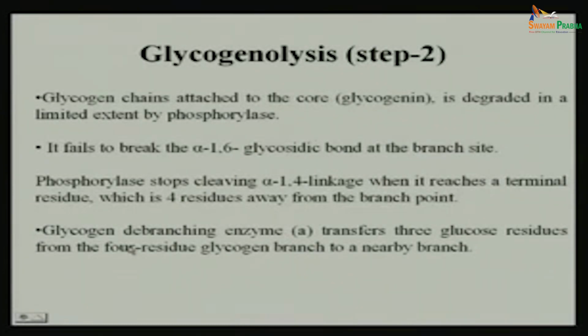Now, glycogen debranching enzyme A transfers 3 glucose residues from the 4-residue glycogen branch to a nearby branch. Here see 2 points. Phosphorylase enzyme stops cleaving alpha-1,4 linkages till 4 residues are left.